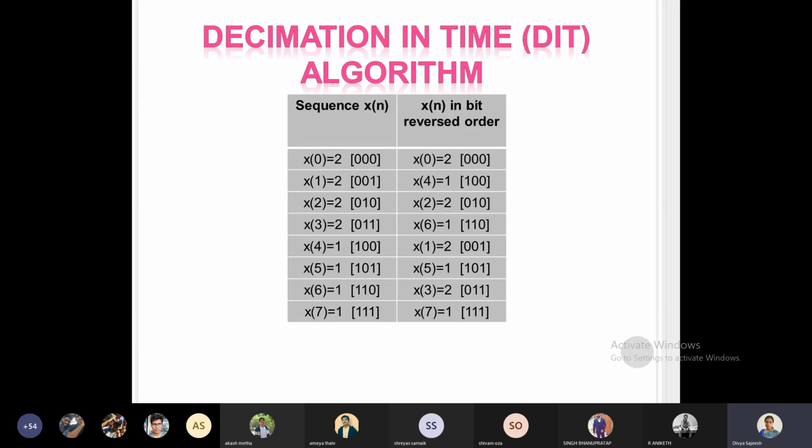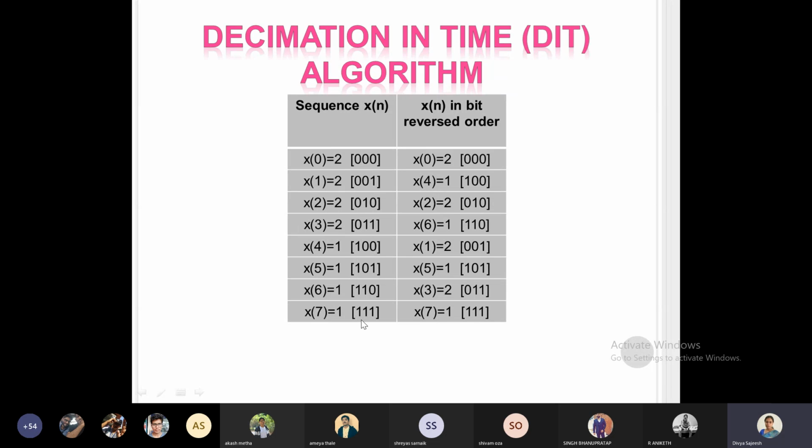So what I did here, the first step, is that the given elements I wrote in the same order as it is in the first column, and in the bracket I expanded the position with 3 bits. So I wrote the position of all the elements.